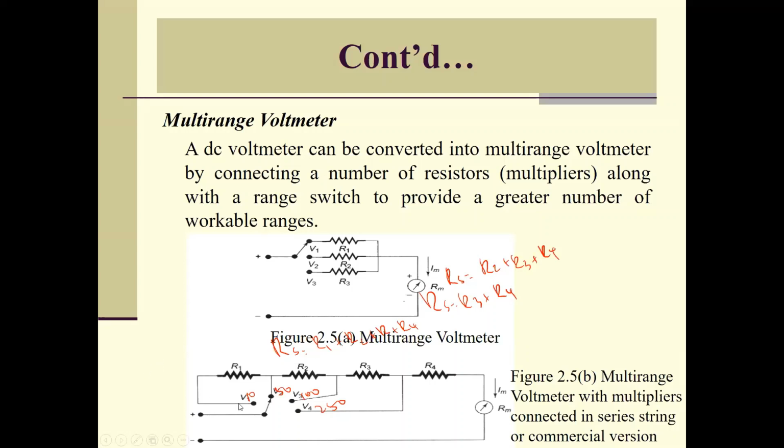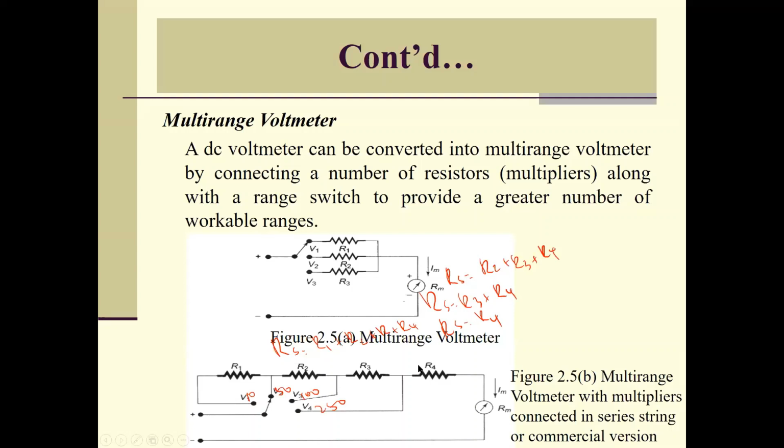If you connect to V4, 250, RS equals R4. That is the concept. If you connect to the 10 volt point, RS equals R1 plus R2 plus R3 plus R4.